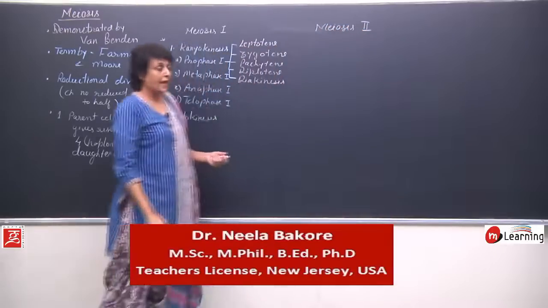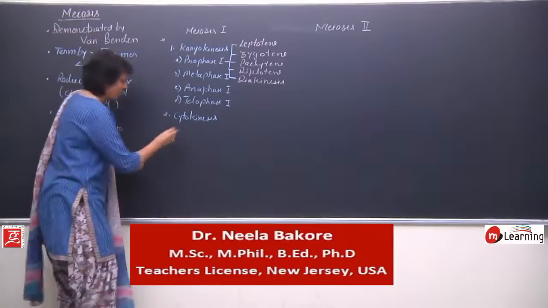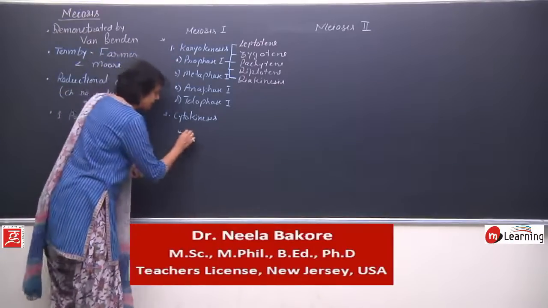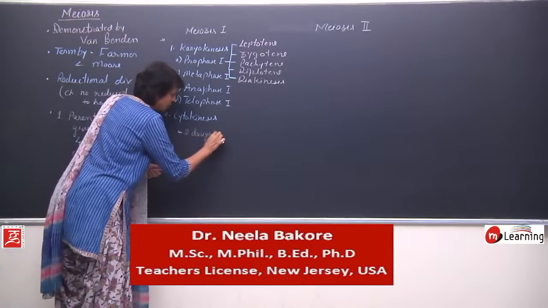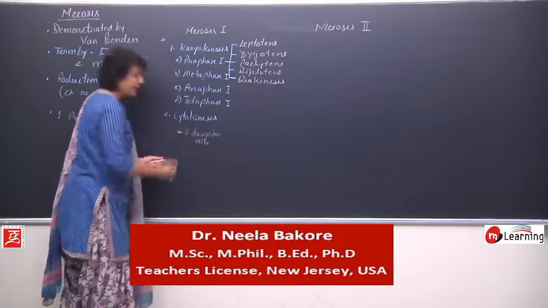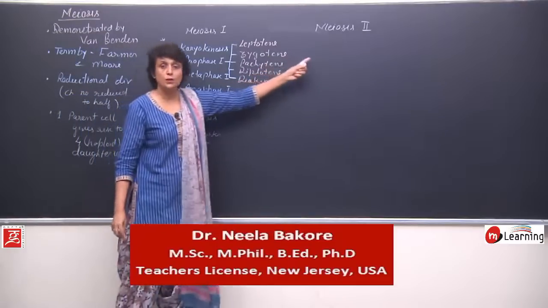Now, as a result of meiosis 1, there are 2 daughter cells formed. So, we will simply write it that here we will get 2 daughter cells. Now, both these daughter cells will undergo meiosis 2.